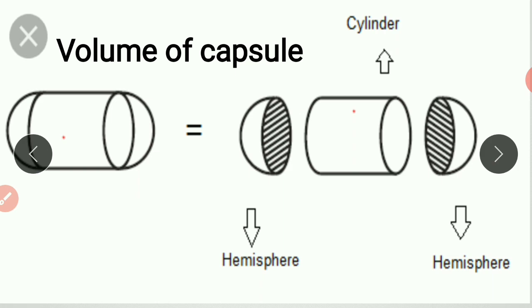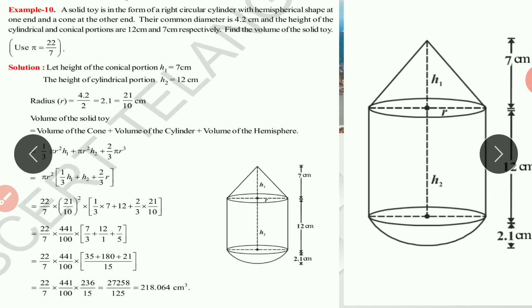Now I will explain one example from our textbook. Listen carefully. This is example 10 from our textbook. See the question: a solid toy is in the form of a right circular cylinder with a hemispherical shape at one end and a cone at the other end.